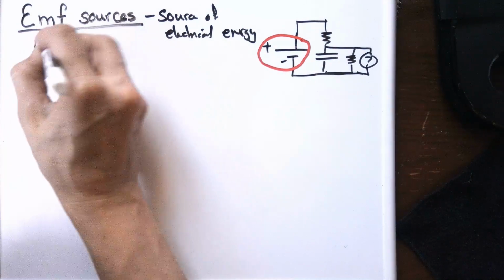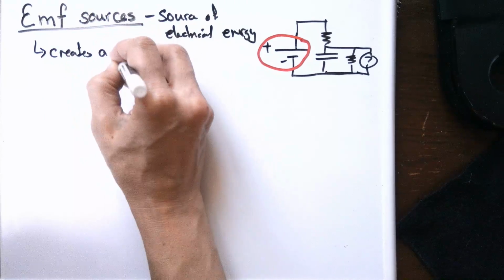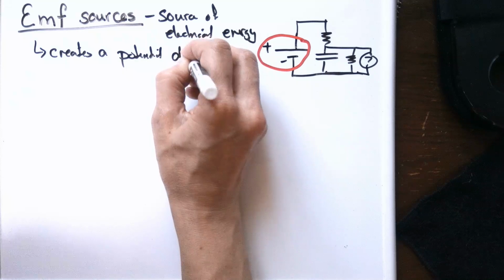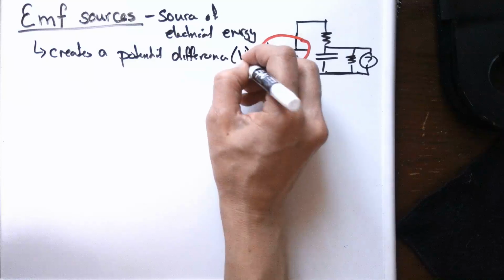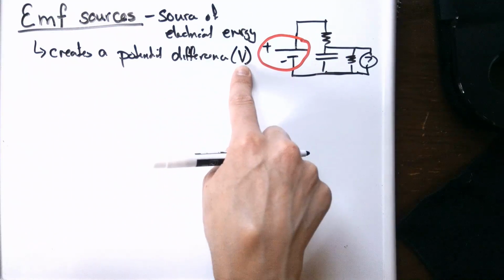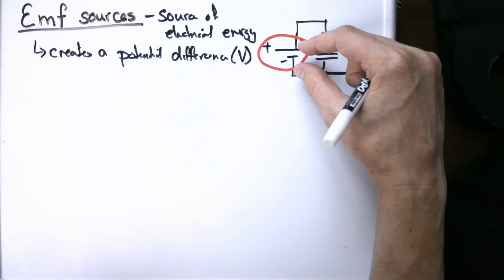And it does that by creating a potential difference, or a voltage. So really, whenever you see EMF, you should think, oh, it's a voltage, it's a potential difference. And that's certainly what goes on with the battery.